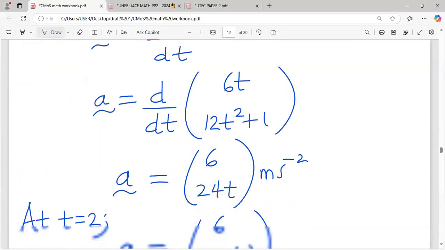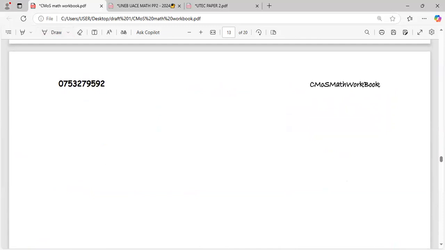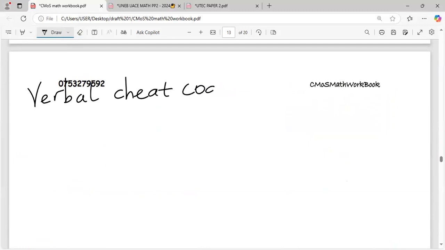People, let me tell you this. If you actually know that integration is the reverse of differentiation, let me give you a verbal cheat code, which you can only understand as I speak. If you just look at it, it may not be clear.